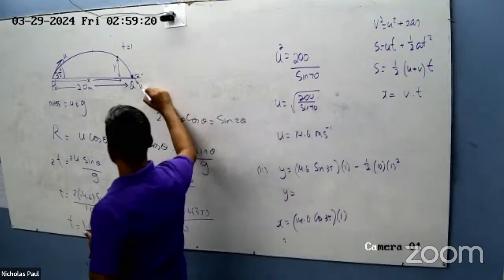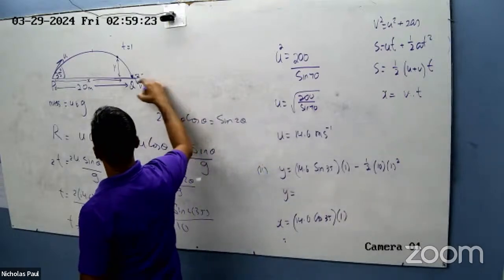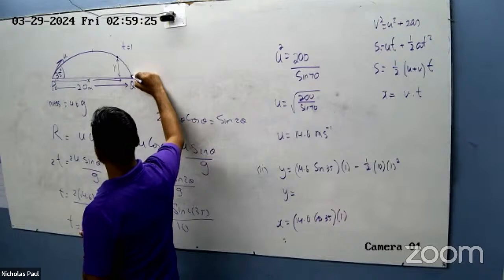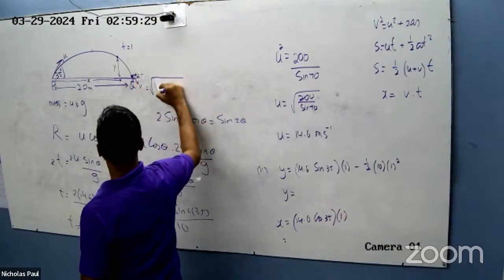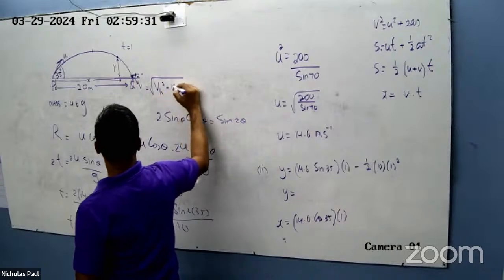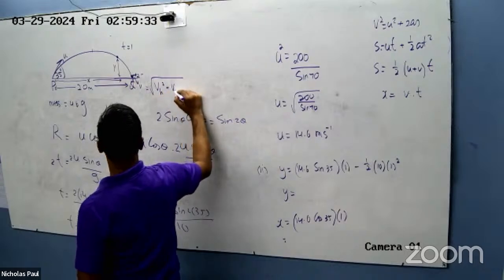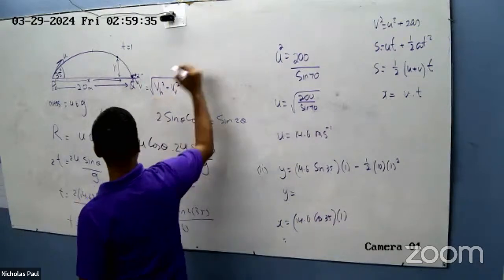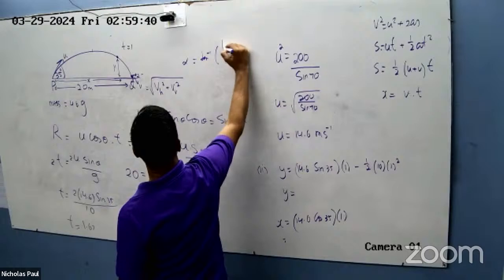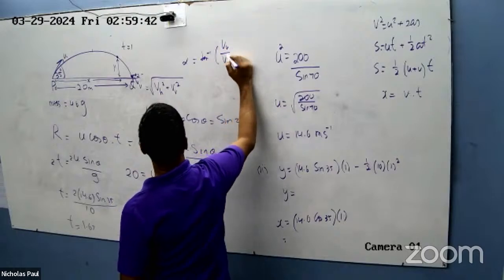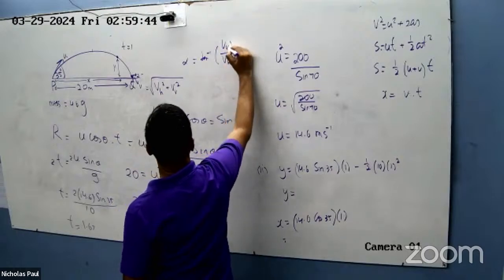Then to find the velocity at that point, we need to get the vertical component and the horizontal component. So we need the horizontal squared plus the vertical component squared. And then we can find alpha. Alpha will be tan inverse of the vertical component over the horizontal component.